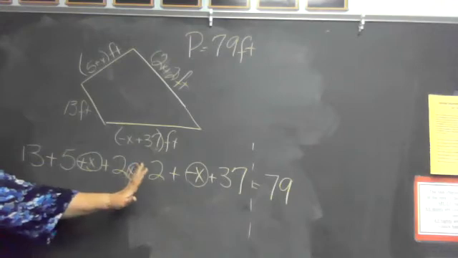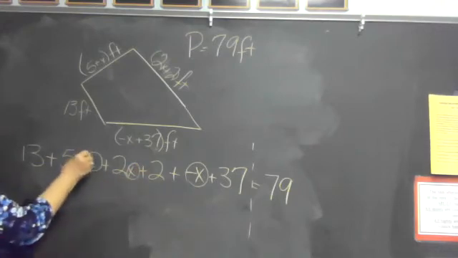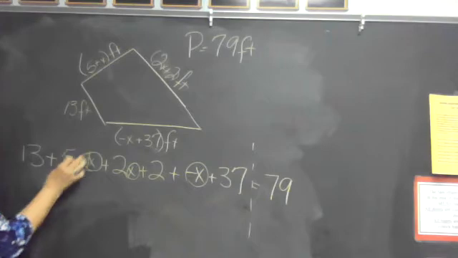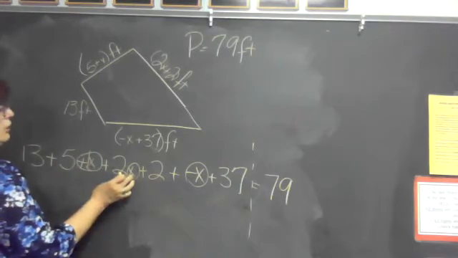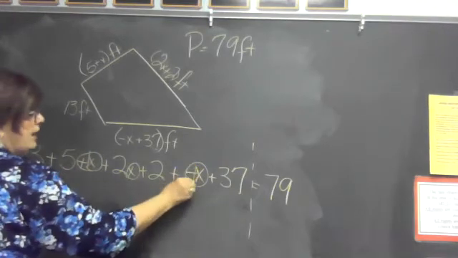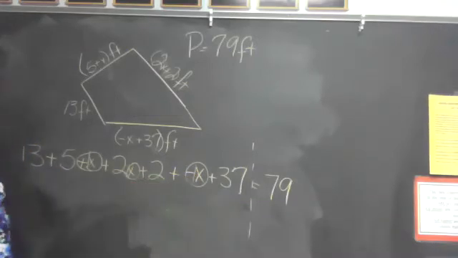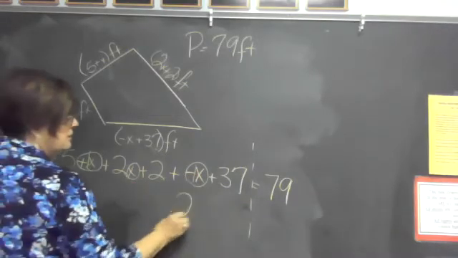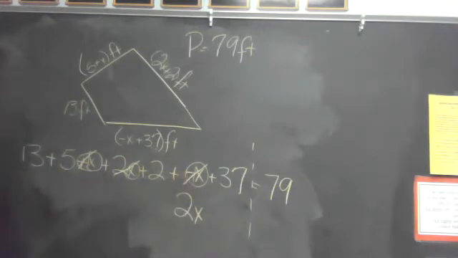All the variables are on the same side, so all I have to do is put them together. I have one x here because the one's always invisible. I have 2 here, so that's 3 so far. But I'm going to subtract 1x. So 3 minus 1 is 2x. That's all I have on this side. I'm done with x's.